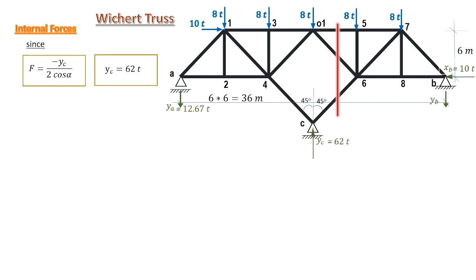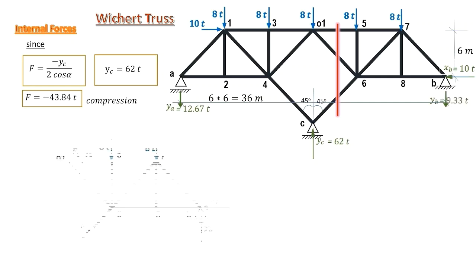Substituting for YC, we get that F equals minus 43.84 tons. This F is the force in members 4C and 6C. In our example, it is a compression member.